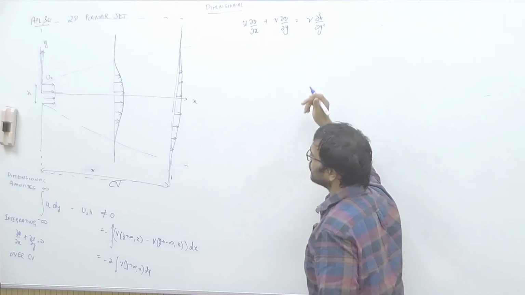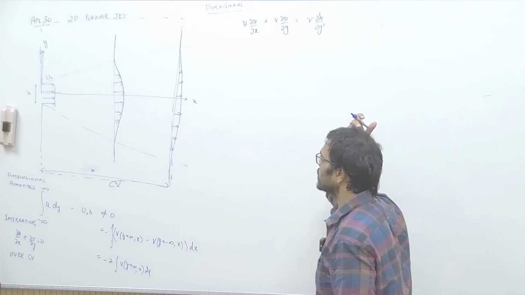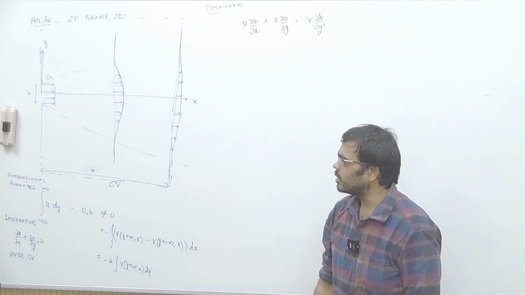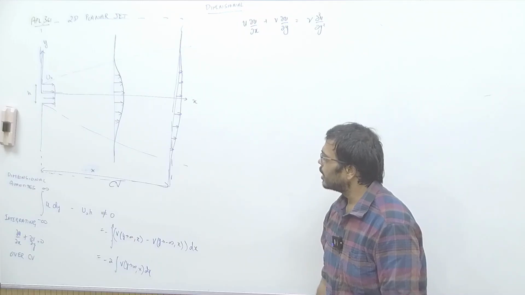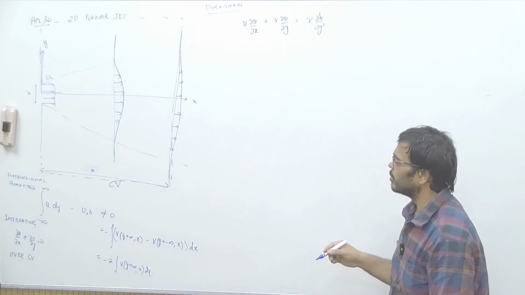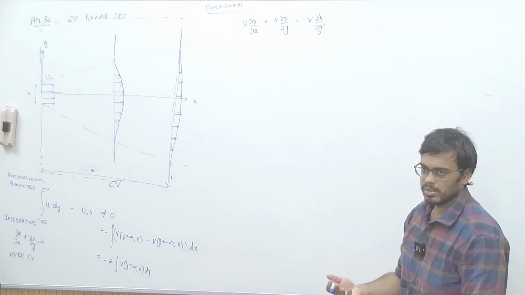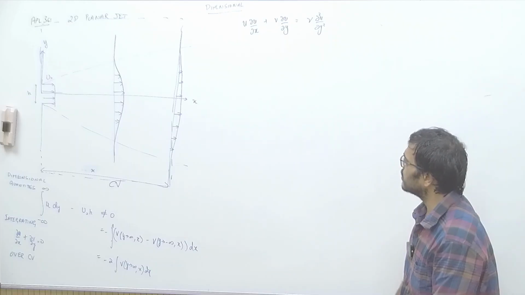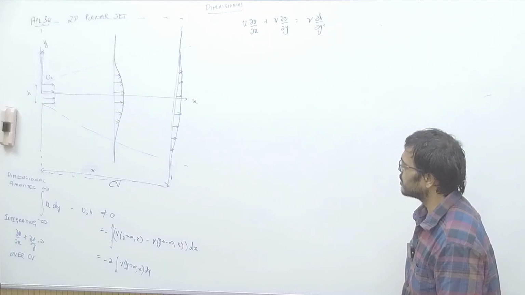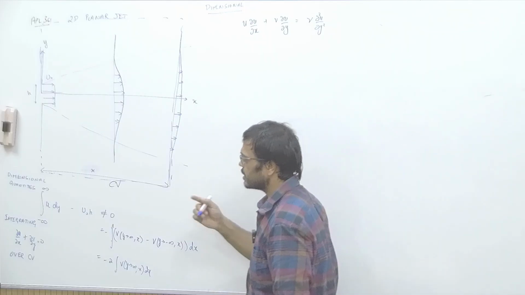I'm changing things to dimensional coordinates because if I have to follow non-dimensional equations, then I need to do that whole procedure in front of you. I cannot do it on the fly because I might make some mistakes and it is not easier to understand also. And so let's stick with dimensional equations for this problem so that you guys understand what is going on.